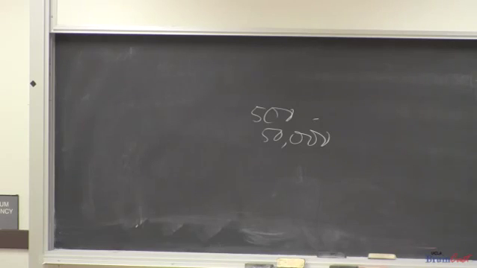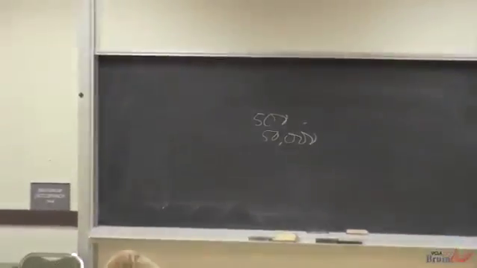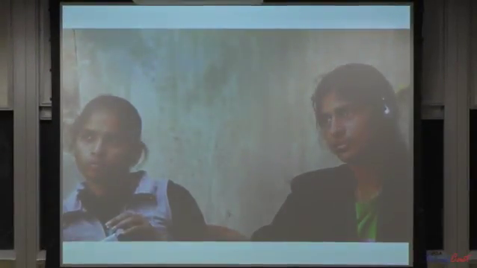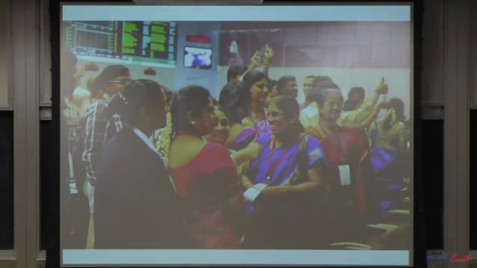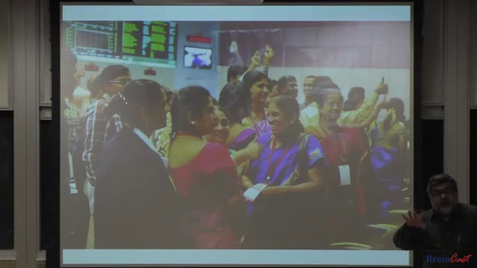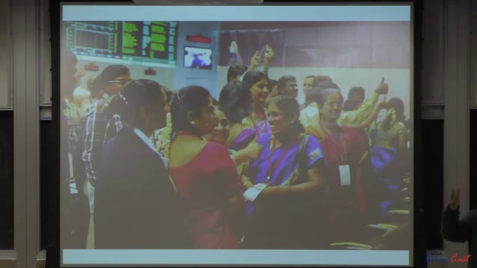Now I just want to move to a couple of other slides, because what we're doing is we're now branching out into the larger question of women in the public domain. And what are, as I said, some of the questions that one might come up with. So this is a photograph. I don't know if anybody recognizes what's happening here, because we want to look at the other side for a moment. These are Indian women scientists. So when India, a couple of months ago, did a successful mission to Mars, right? These are women scientists who work at ISRO.